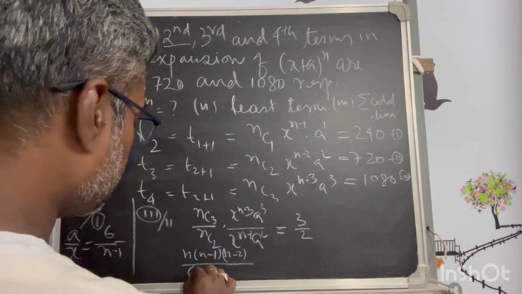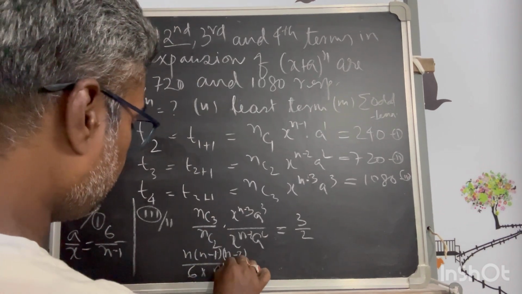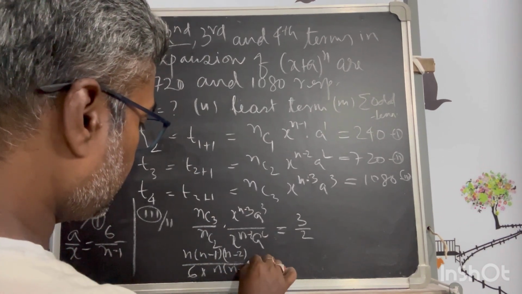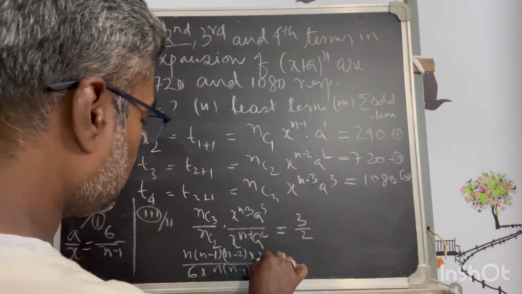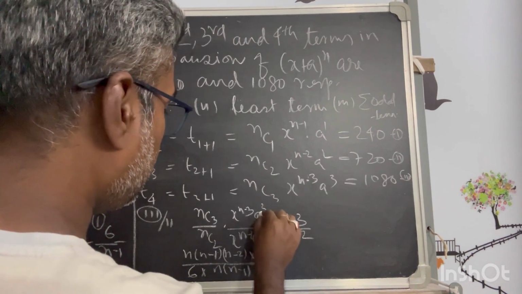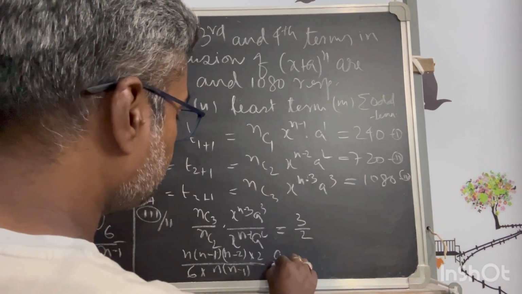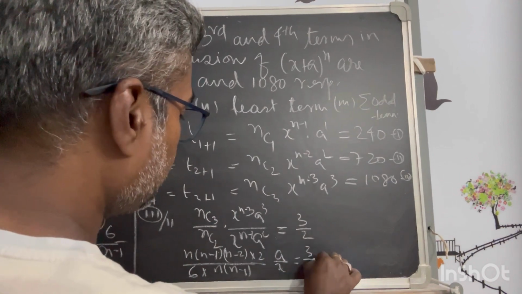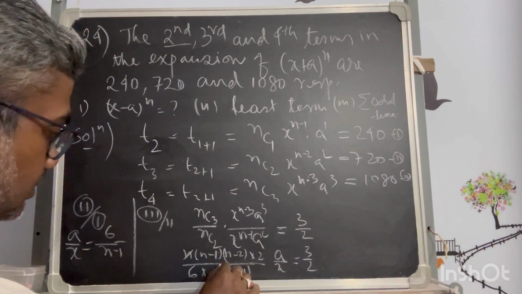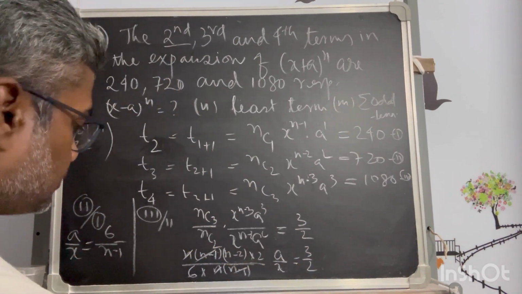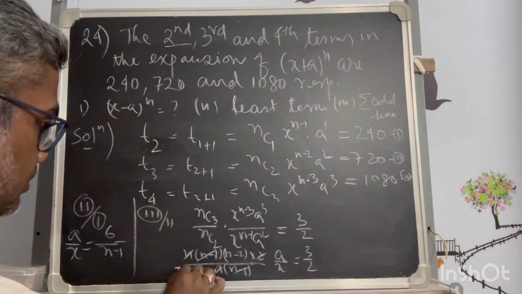3 into 2 means 6. Here it is n into n minus 1, and 2 will go up. This will be again, a will be at the top, x will be at the bottom, 3 by 2. Now further you can reduce n minus 1, n minus 1, 2, 3.